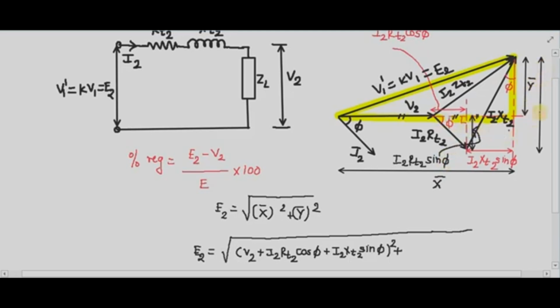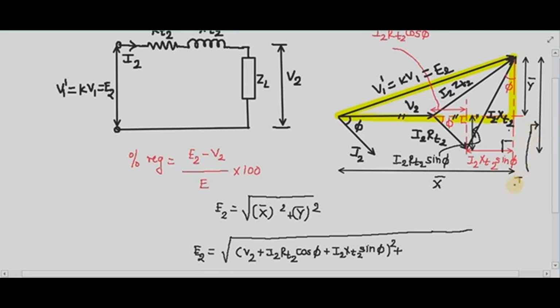And what is this total length? From this right angle triangle, I can write this as I2 XT2 sine of phi. I will just extend this on the downward side.